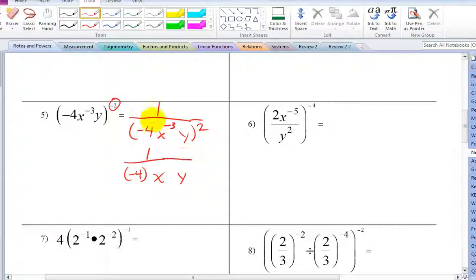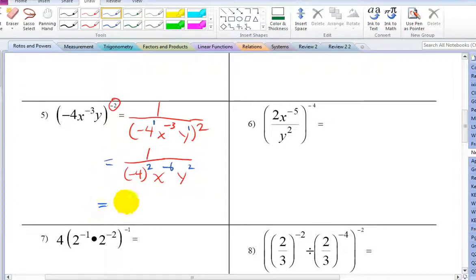So this would be a 1 times a 2. 1 times a 2. So we get 2, negative 6, 2. Multiply them in. Okay.